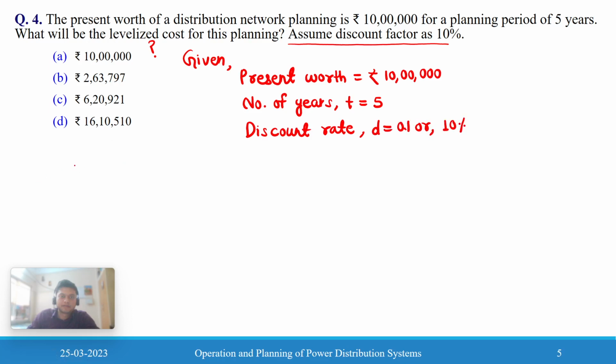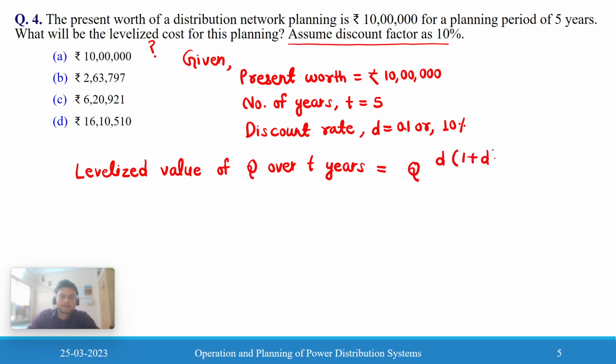So we know that the levelized value of Q over n years, it's better to say over T years, is Q into D into (1 plus D) power T, divided by (1 plus D) power T minus 1.